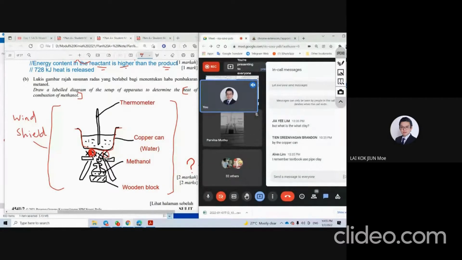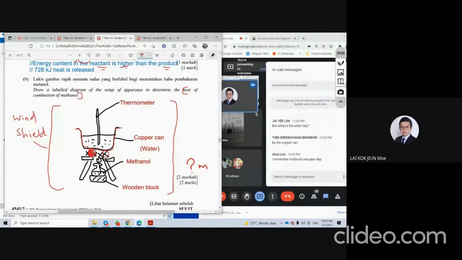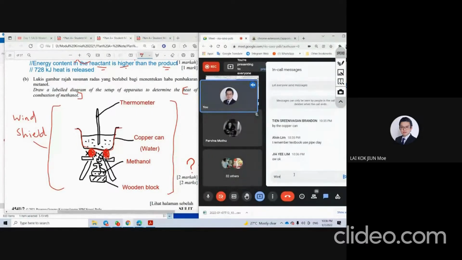Okay, then we follow the textbook. If got pipe clay then okay, no problem. But for wire gauze definitely cannot use. Why you say wire gauze is not suitable, like Eugenia asked just now? Actually wire gauze is specific for glass beaker only.